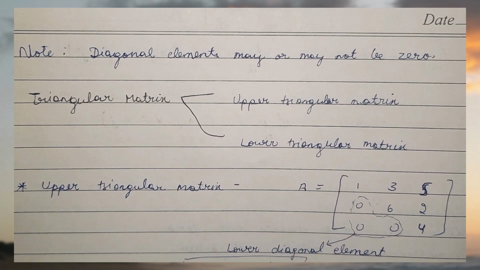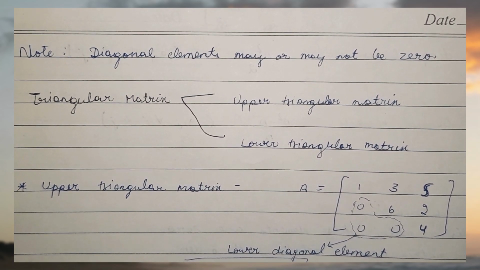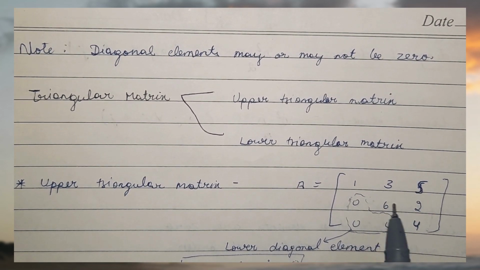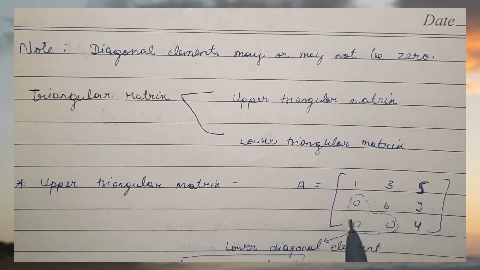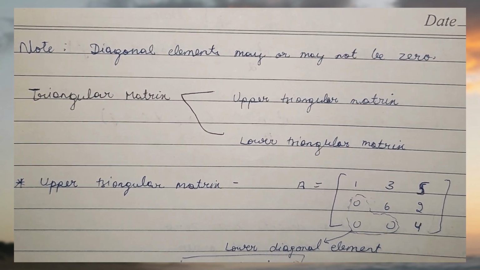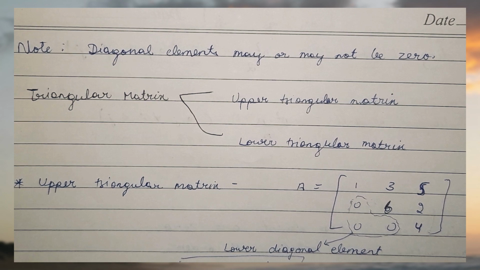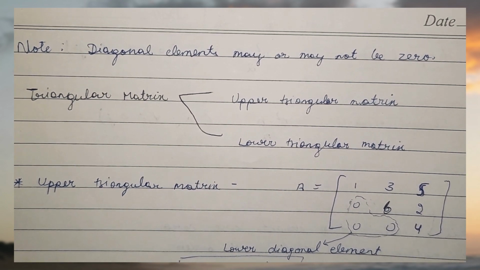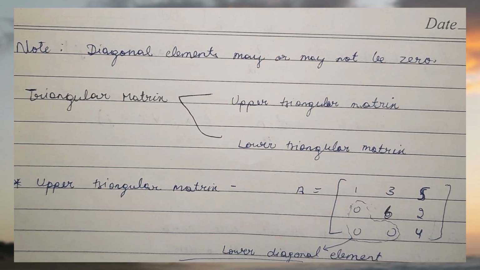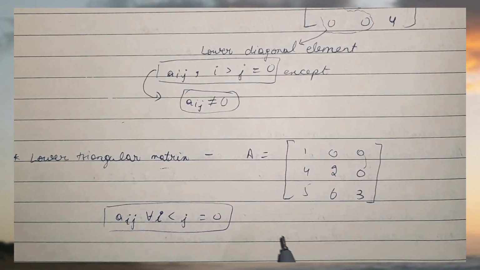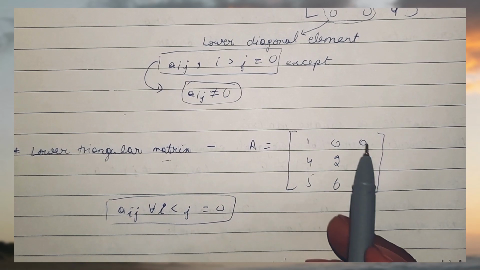In an upper triangular matrix, the lower diagonal elements are 0 and the upper diagonal elements can be any number. And in a lower triangular matrix, the upper diagonal elements are 0.